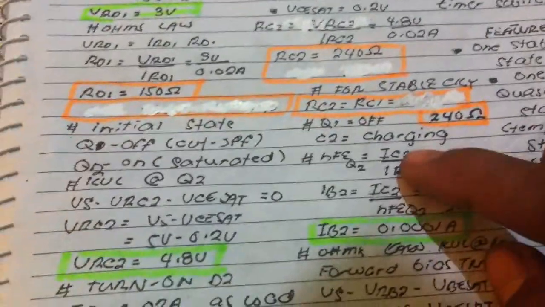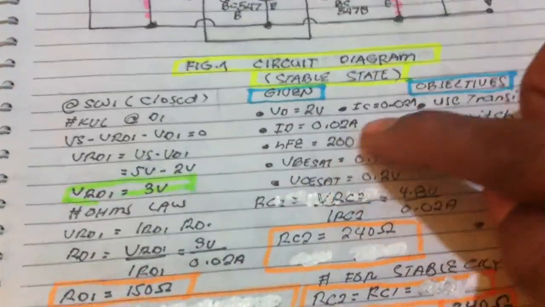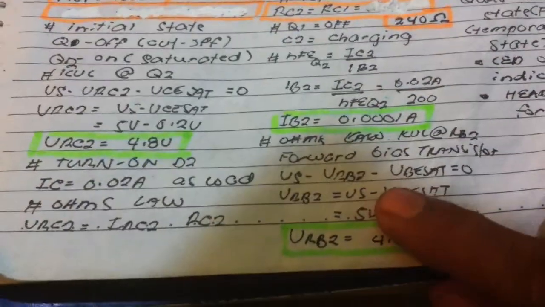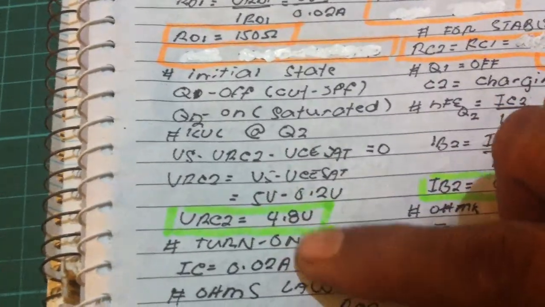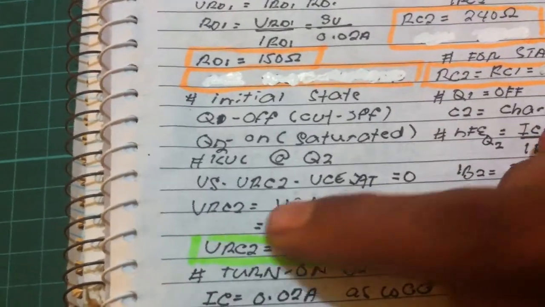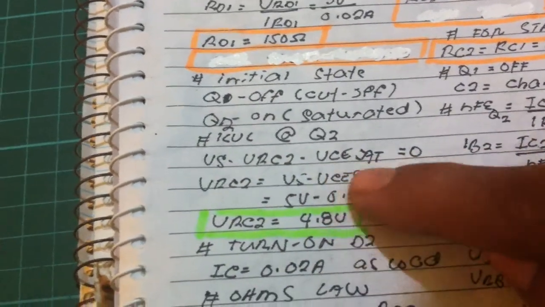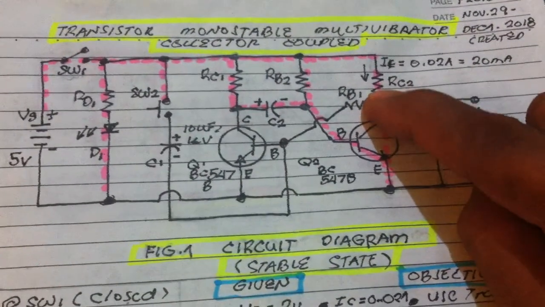We get now the voltage drop. 5 volts, VS minus VCE, transposition: 0.2, 4.8 volts. Voltage drop across the resistor here.